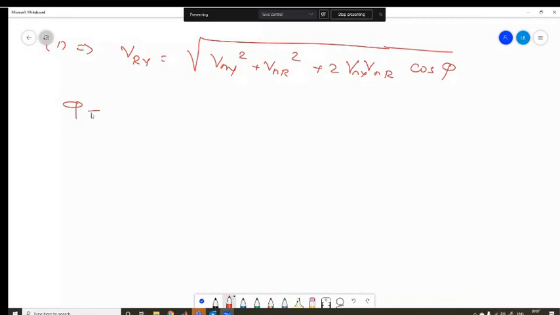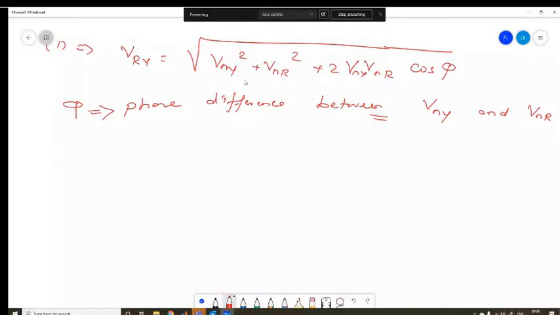This phi is the phase difference between VNY and VNR. In fact, we'll actually be measuring the phase difference between VNY and minus VNR. So I will construct a phasor diagram, obtain the value of this phi from there, and then find VRY.